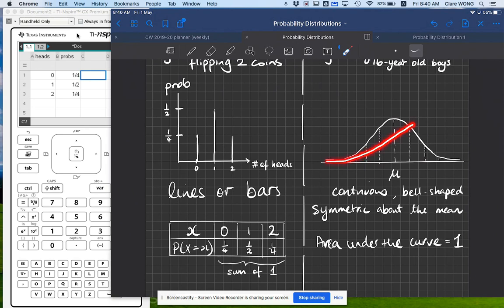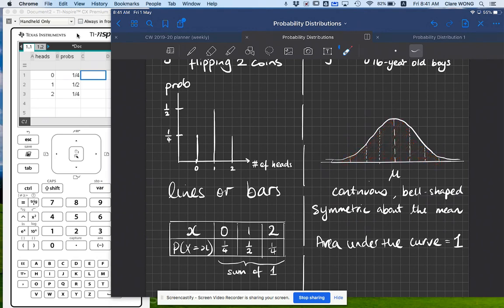It can skew like this, or you can skew it like that. It all depends on what parameters you are working with. But for this particular one, it is continuous, bell-shaped, and symmetric about the mean. What you should notice is that the area under the graph must equal 1.